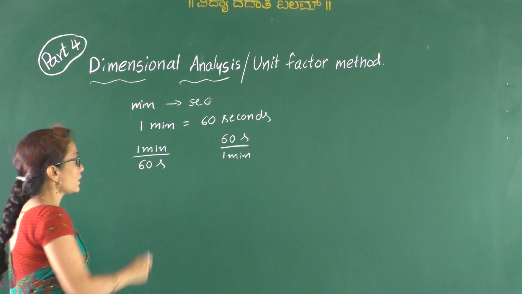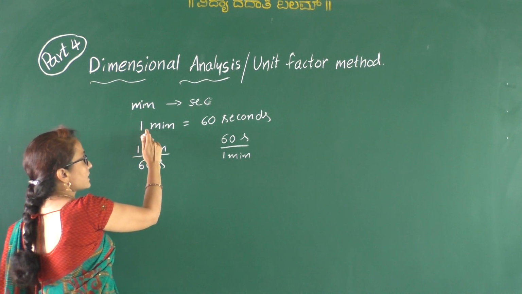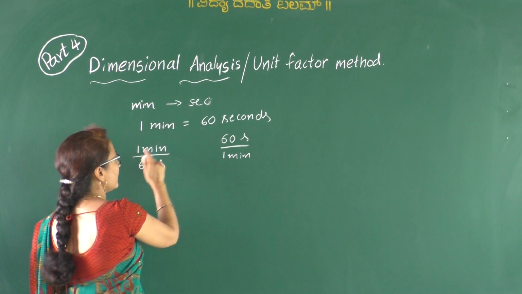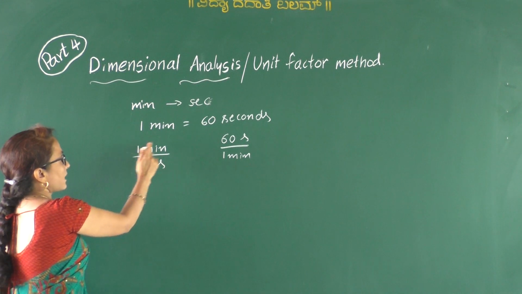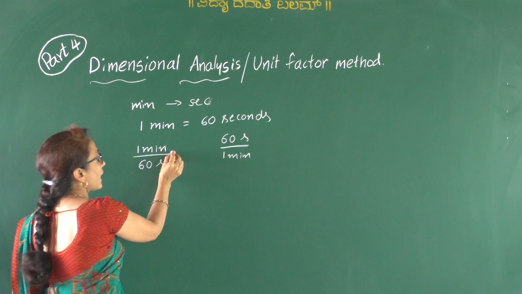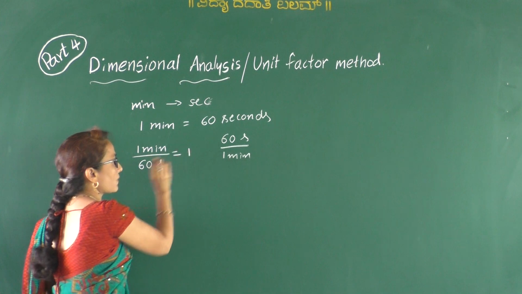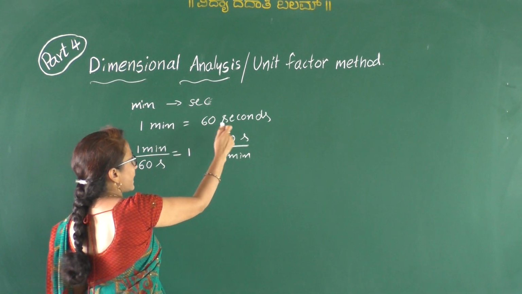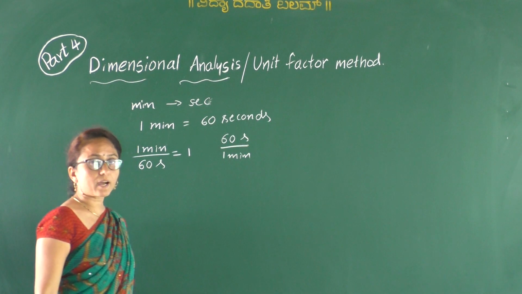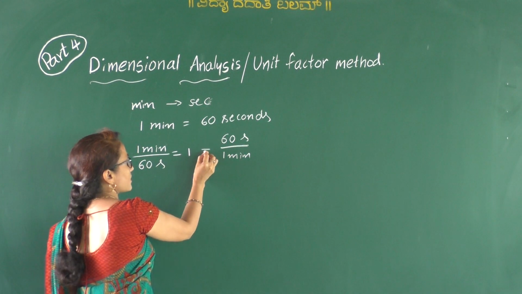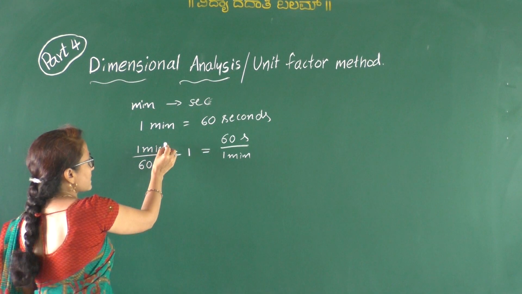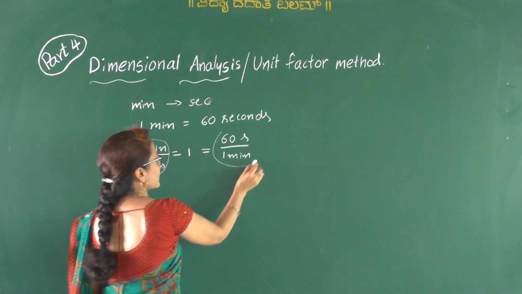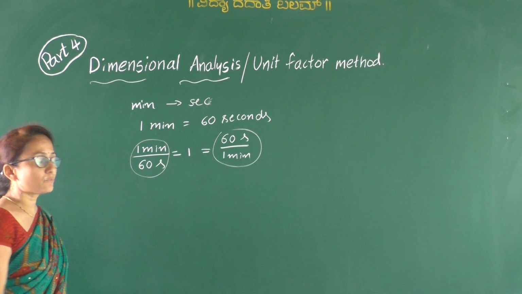So the ratio of these two, when we take 1 minute to the right side, is 1 minute divided by 60 seconds, and its value is equal to 1. And also 60 seconds divided by 1 minute is also equal to 1. So these two factors are called unit factors.